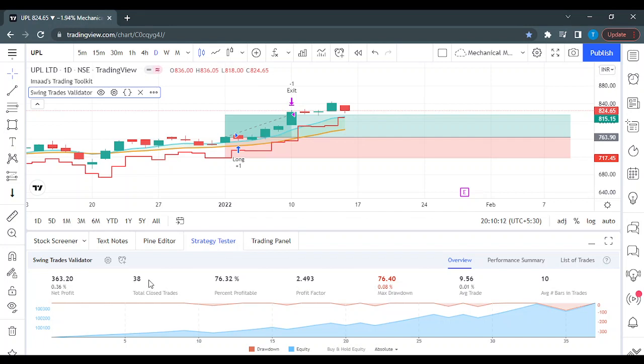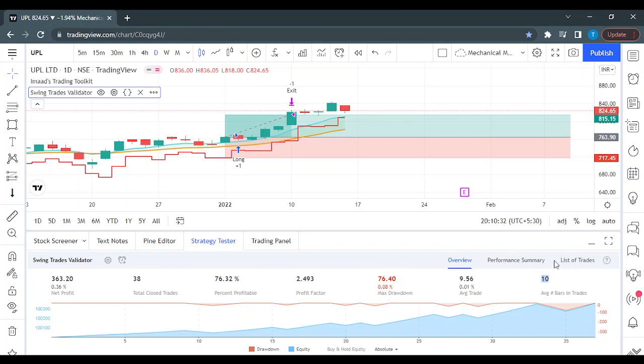were taken on the basis of this setup, 76% probability that your trade might be profitable. And for how long do you need to wait for this particular trade to turn out in your favor? 10 days on average. Now, you know that anything above 70, 75% is just amazing, right?